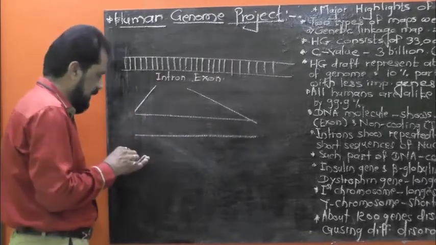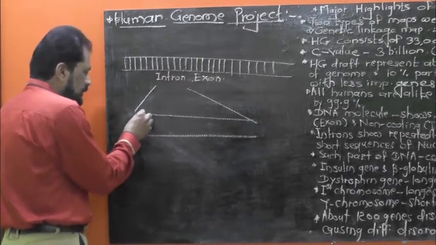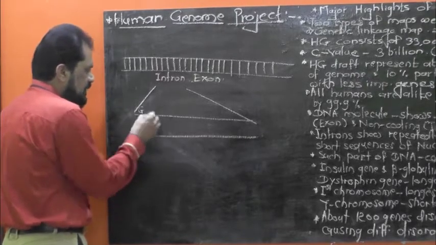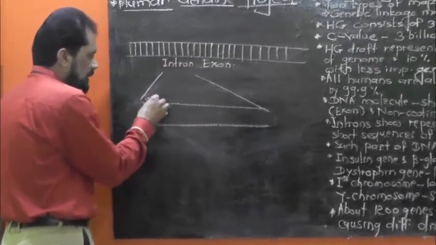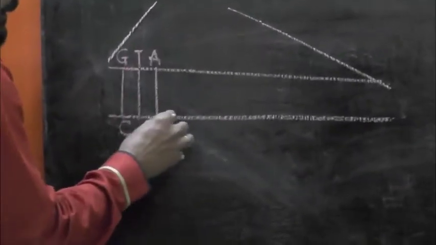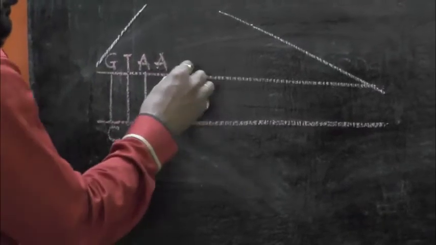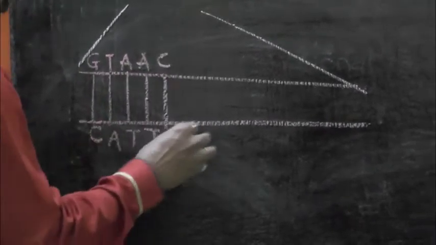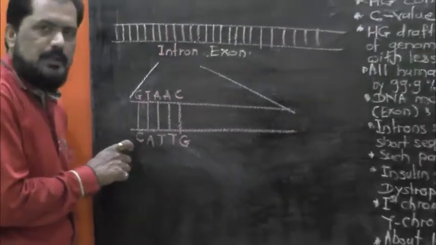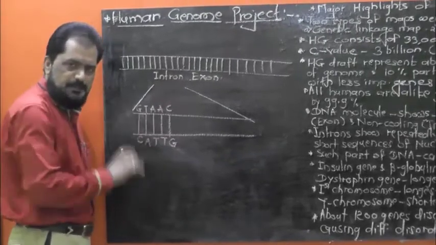Please look at the diagram. Suppose here is the first base pair G, C, T, A, T, A, T, C, G. Now here I have drawn only a short nucleotide sequence of 5 base pairs.